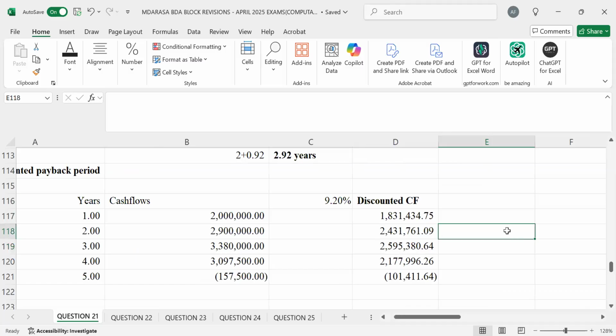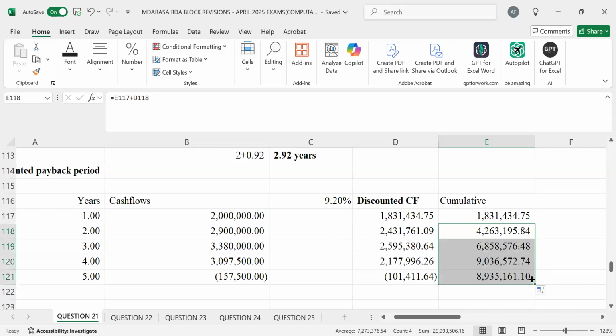After that, a similar concept will apply. Consider cumulative, where we take that value plus that, and we drag it all through.